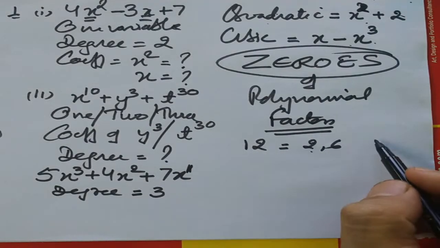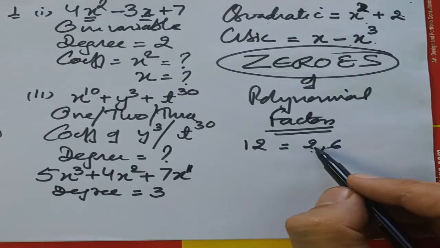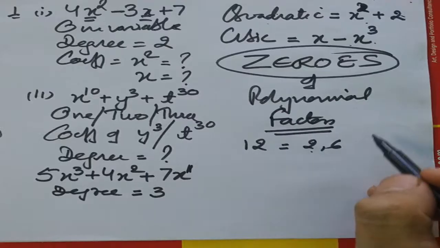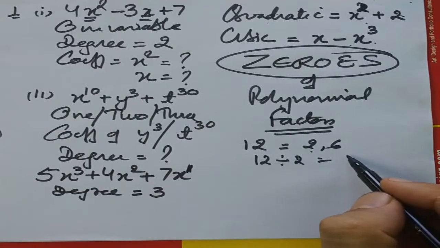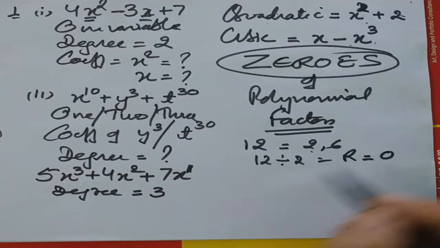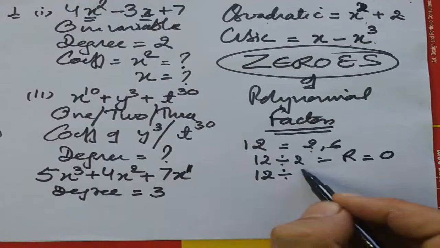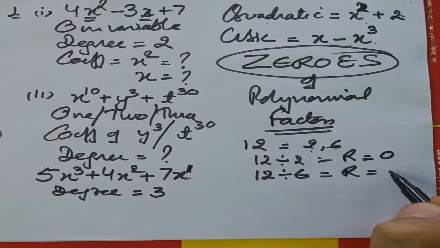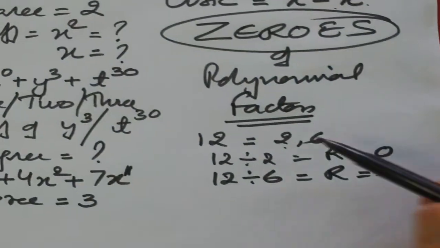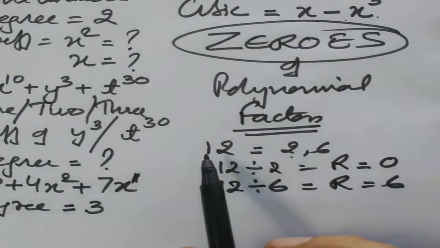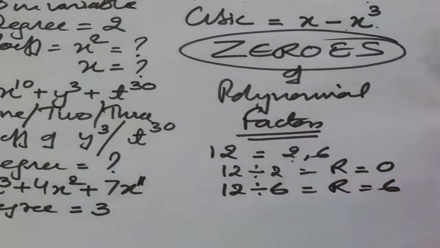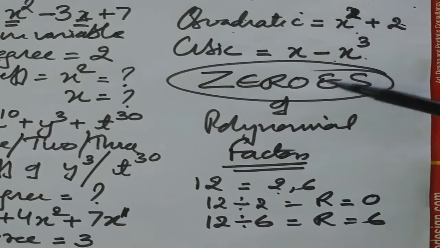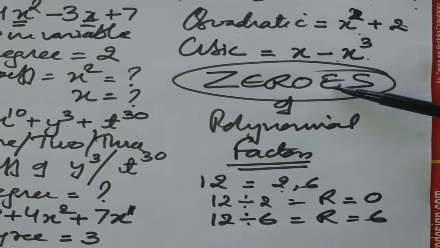Because when you divide 12 by 2, it will not leave a remainder. So when you divide 12 by 2, what is the remainder? 0. When you divide 12 by 6, what is the remainder? 0. It means 2 is a zero of 12, and 6 is a zero of 12. Clear? So in the polynomial chapter especially we use the term zeros, which means factors.